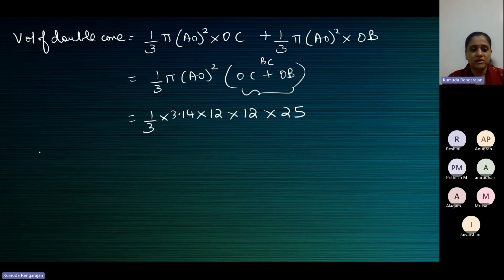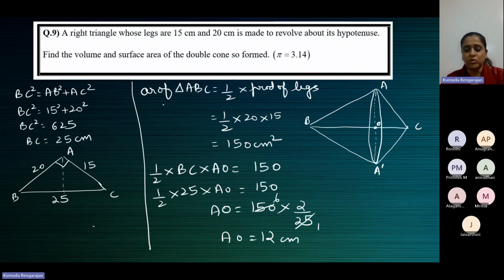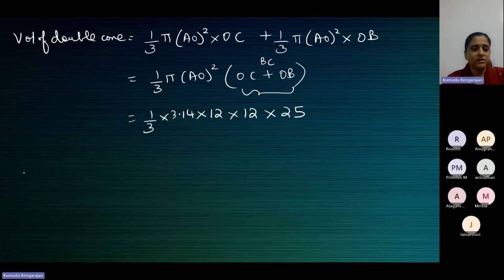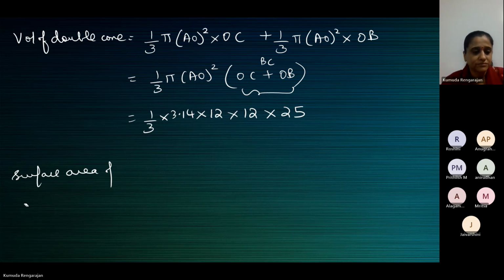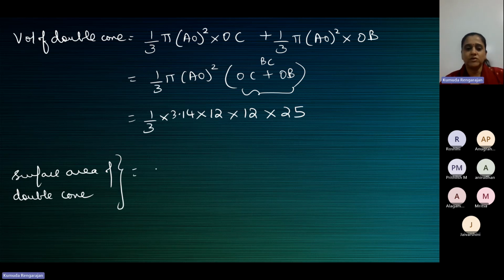Now the surface area. Surface area of the double cone is equal to pi RL, because it's only CSA.